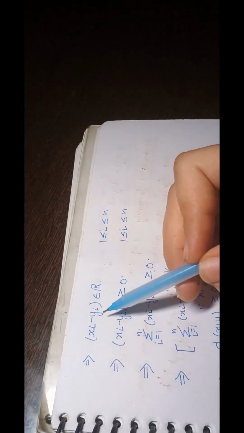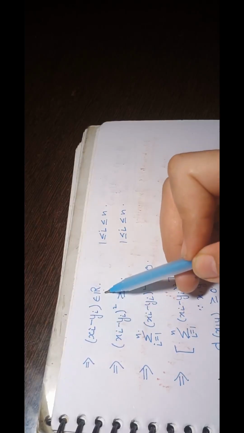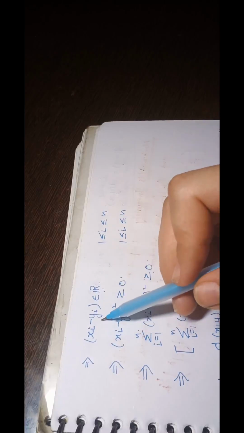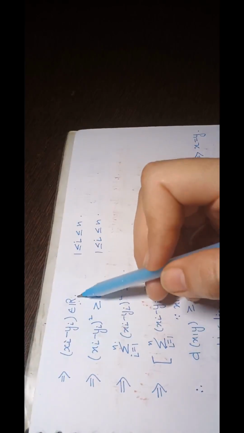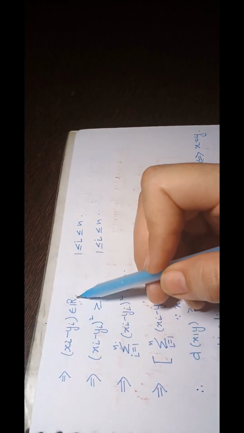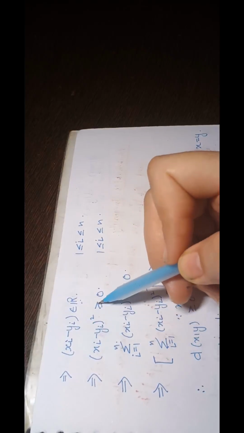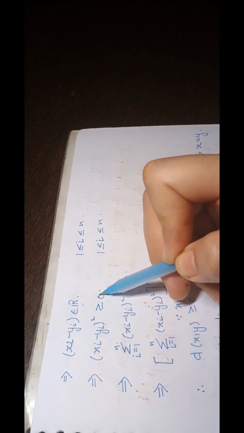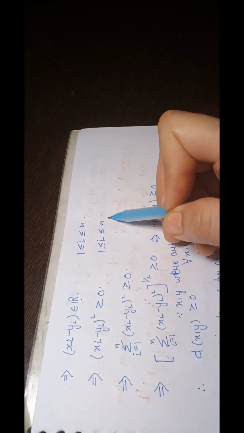Since xi and yi both are in R, their difference is also in R since R is closed under difference. So xi minus yi is in R. Since this is in R, and the square of every real number is non-negative, therefore xi minus yi square is non-negative. This is for every i from 1 to n.